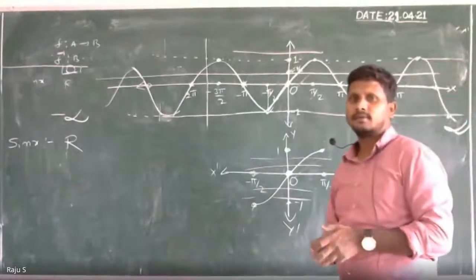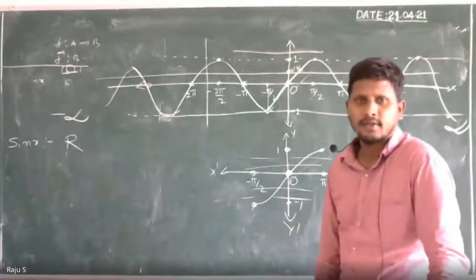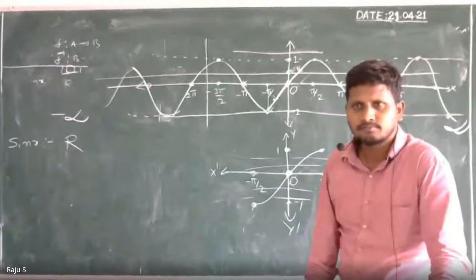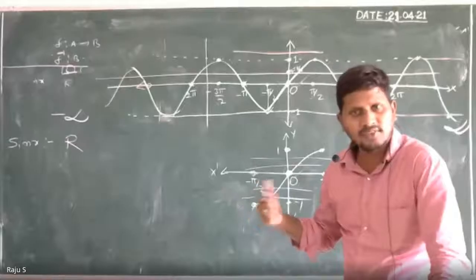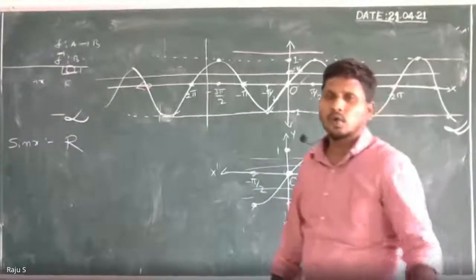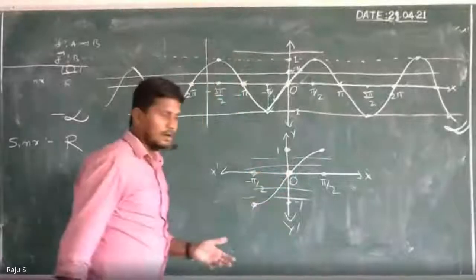At how many points? Maximum number of points, how many? One. Is it 1 or not? By using the horizontal line test, obviously it is 1.